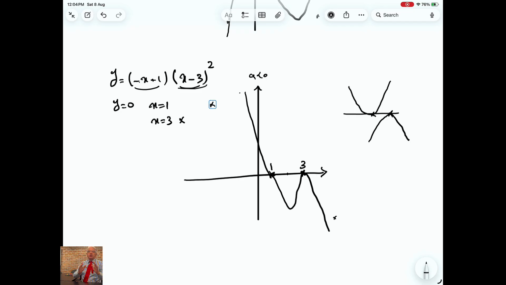So whenever you are reaching a repeated root, then you have to turn back and remain in the same quadrant. If it is a simple root, you are crossing the x-axis and going to the other side of the x-axis, wherever you are, doesn't matter.